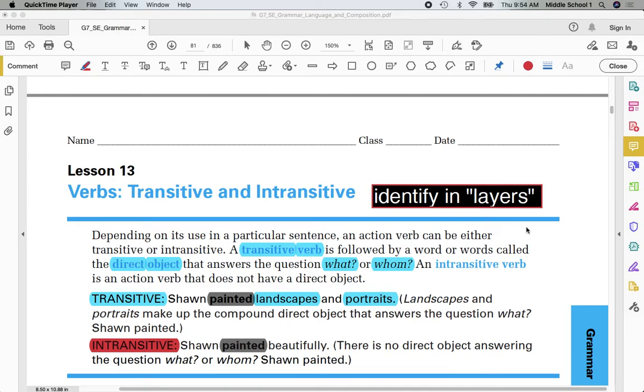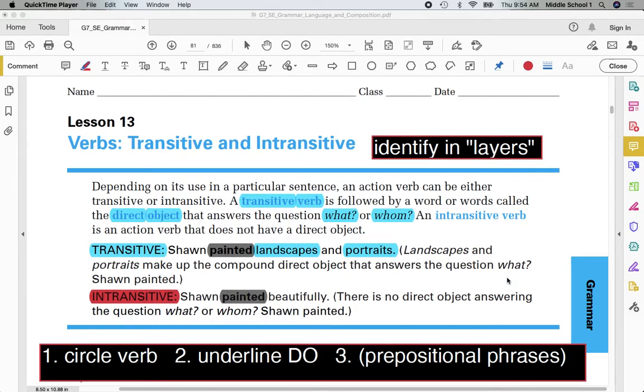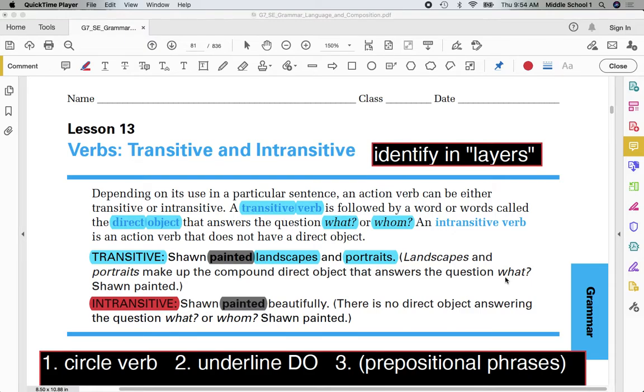So, layers: Unit 1, subjects and predicates, simple and complete. And my third layer is going to be prepositional phrases.